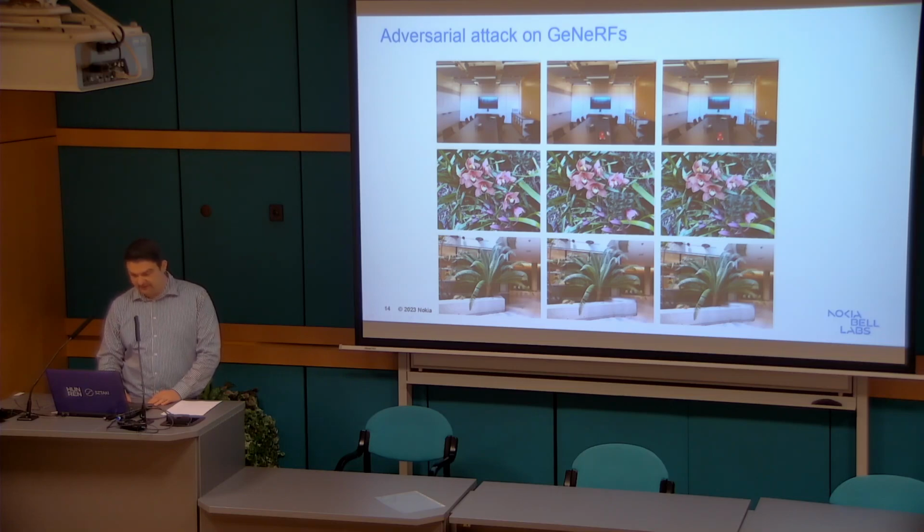Here we hallucinated the red teddy bear at this point, some artifacts here between the flowers. Here we decided to make this, well, I don't know what this is, a little bit longer. And then we applied this adversarial attack, and we checked what happens to the new renderings. The new renderings show that the red teddy bear appeared here, the artifacts appeared. Okay, it's not as good as here, but anyway, it's quite good. And the elongated bench also appeared.